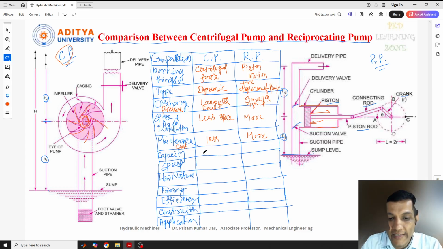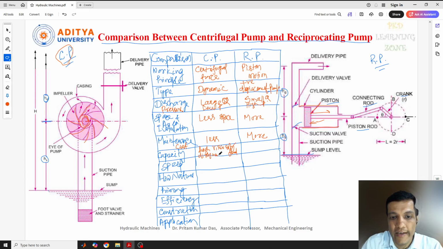Now coming to the capacity. Capacity in the sense I'll tell you: for which kind of liquids these pumps can be used. Actually, the centrifugal pump can be used for high viscosity fluids, or we can say dirty water can also be handled by this.